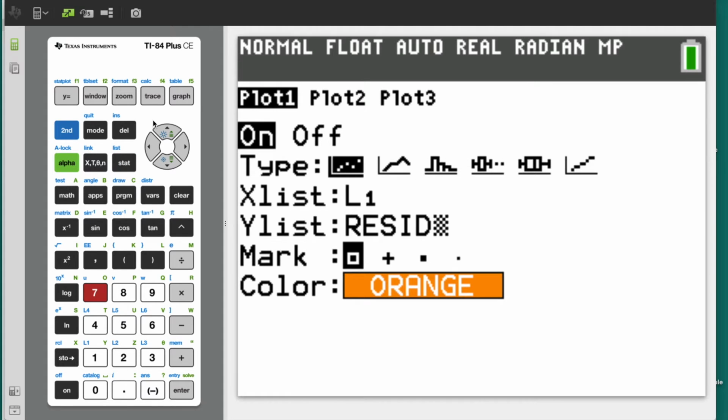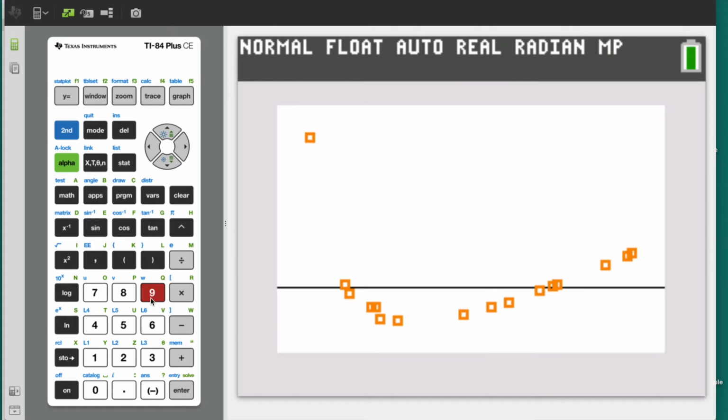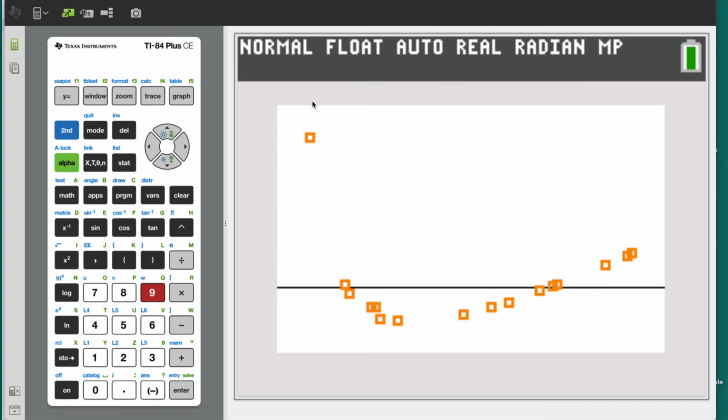So L1 residual, zoom 9, and again, not a good looking shape. We have the one point all the way up here, pretty good curve there. So again, this overall transformation did not work out very well at all. That was the reciprocal of the y function.